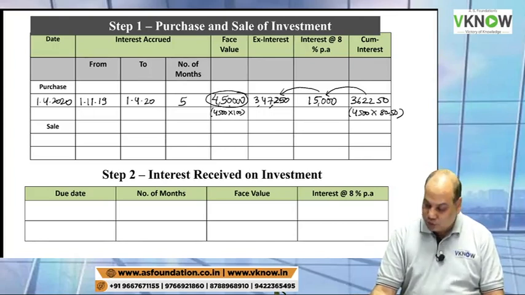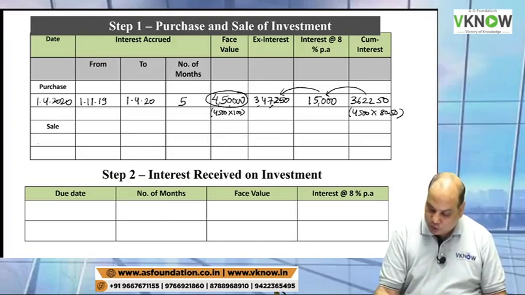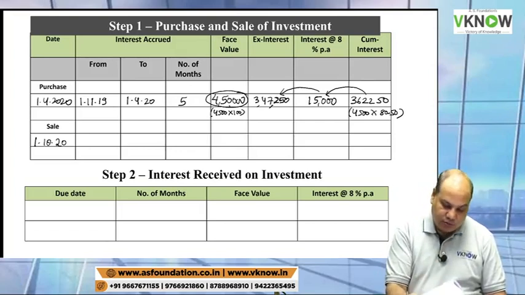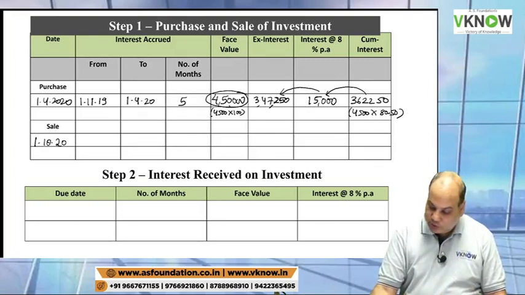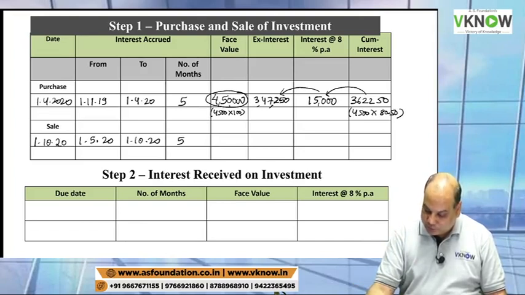Right, 347,250. And in this question, there is one sale transaction also, which is on 1st October 2020. Interest payment dates are 1st November and 1st May, which means the interest will start accruing from 1st May 2020 to 1st October 2020. May, June, July, August, September, 5 months.